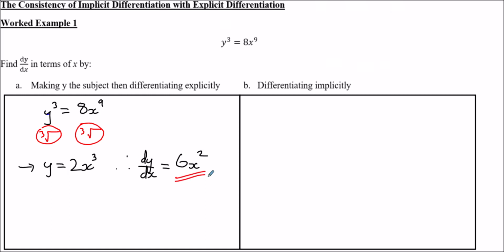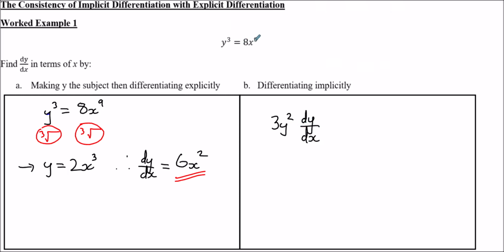What we could have done, which I'm not suggesting we do, differentiate implicitly works like this. So we differentiate both sides. So imagine this was differentiating x cubed would go to 3x squared. Because it's y cubed, that goes to 3y squared. But like I said earlier, when differentiating a function of y, it works the same way as if differentiating a function of x, but you just shove a dy by dx on the end of it. So we have 3y squared times dy by dx.